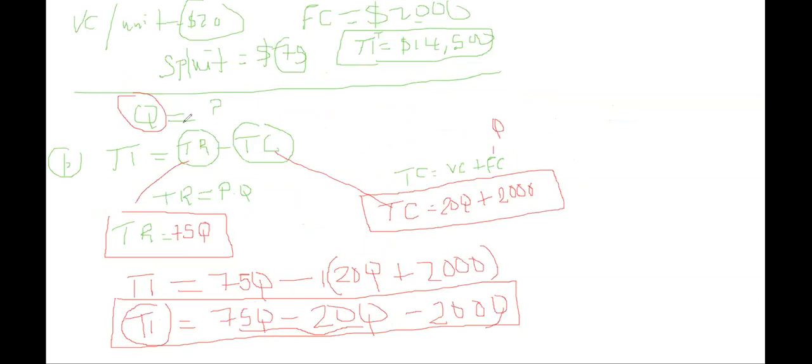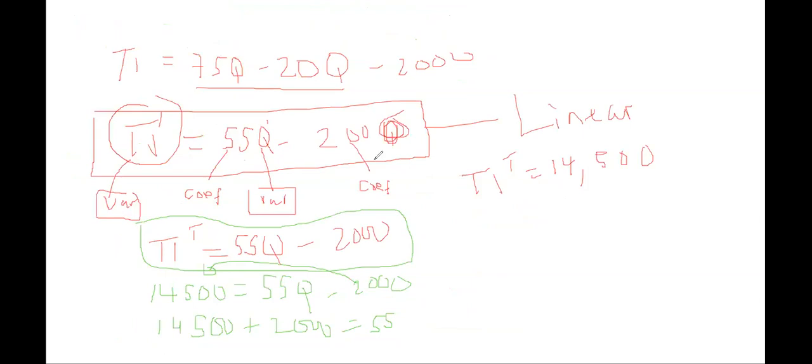We have total revenue minus total cost, 75Q. The total cost is 20Q, the variable cost per unit, plus 2,000. So 75 minus 20 is 55. Then we have this 55, then 2,000.